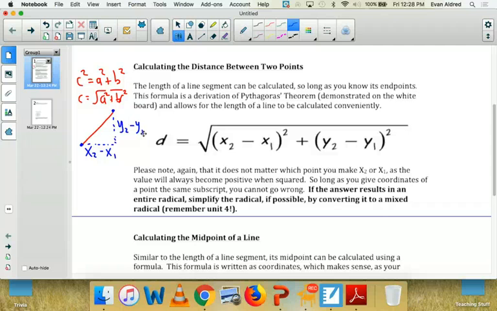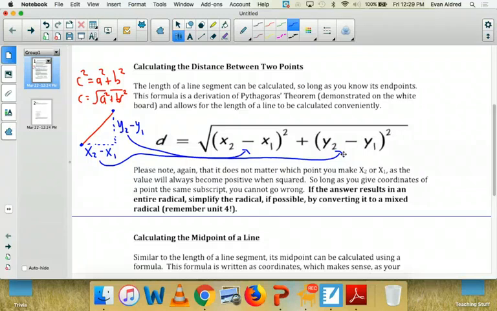If we are using Pythagorean theorem as a squared plus b squared, and if we're saying that c is the square root of a squared plus b squared, and we're saying that the base is x2 minus x1 and the vertical leg is y2 minus y1, we can see how all of this plugs into the equation.